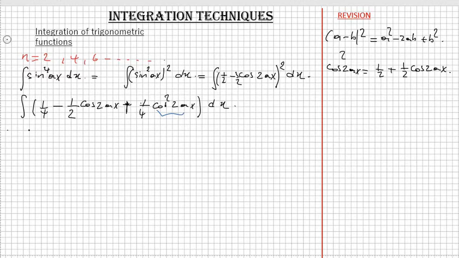So I just need to substitute the cos square by this expression here.